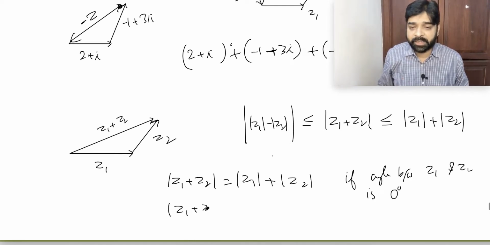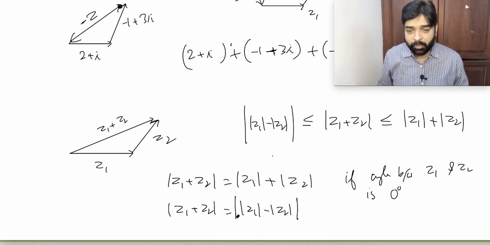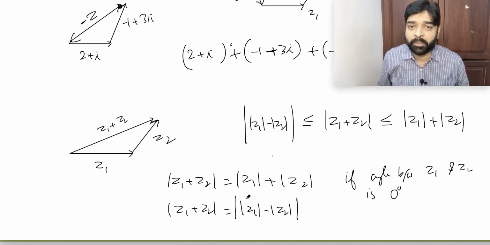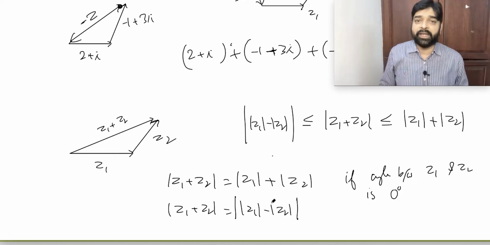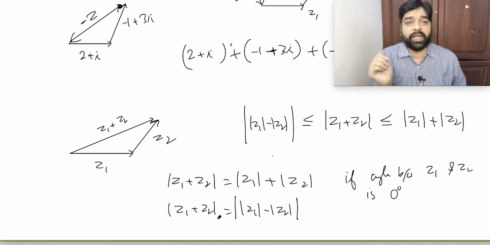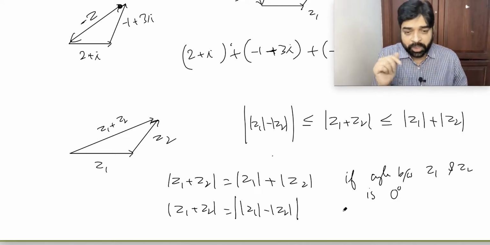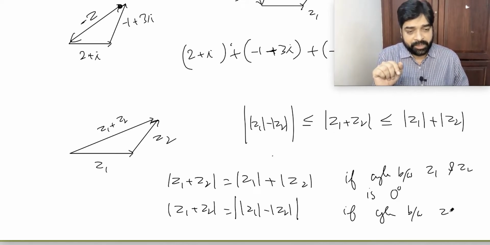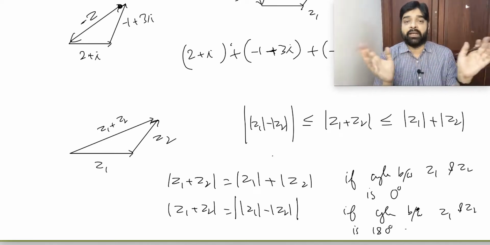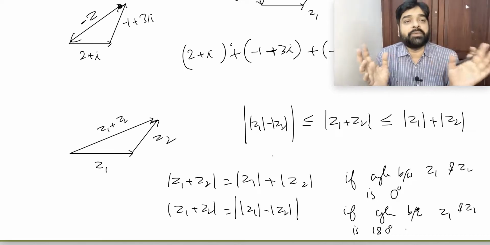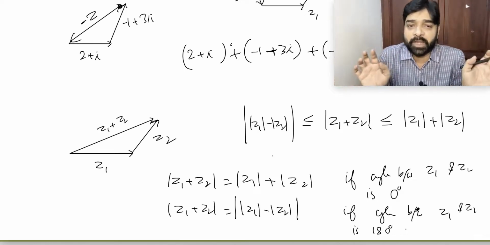And this side equality, when will it happen? Mod of Z1 plus Z2 is equal to mod Z1 minus mod Z2. Again I have to put a mod. I hope you understood why we are putting one more mod, because this quantity can be negative also, but this left side quantity cannot be negative. So this will happen only if the angle between Z1 and Z2 is 180 degrees. That means anti-parallel. So if they are parallel, mod of Z1 plus Z2 will be equal to mod Z1 plus mod Z2.